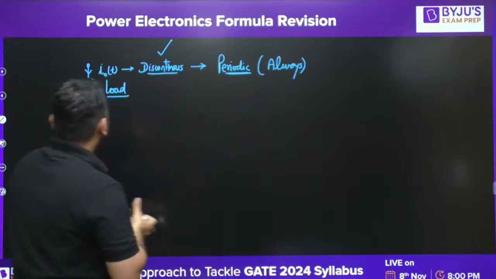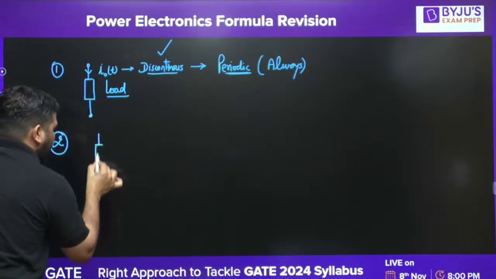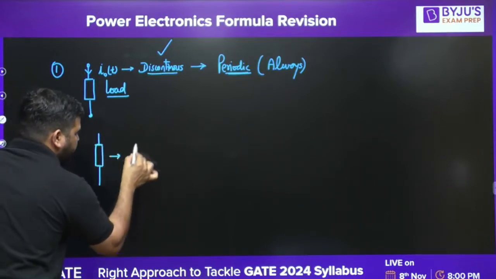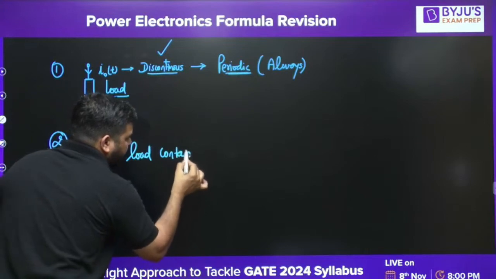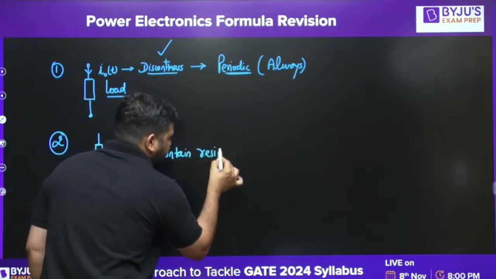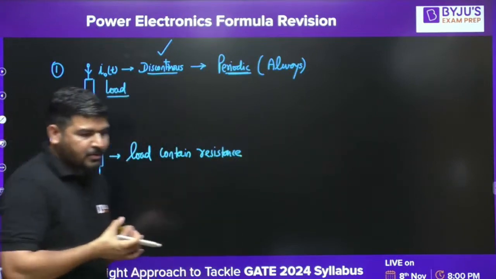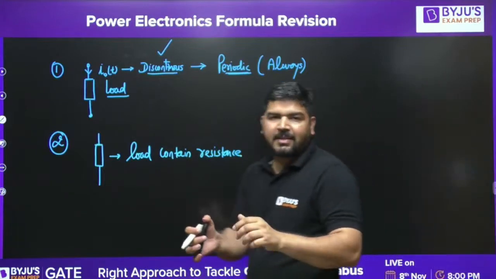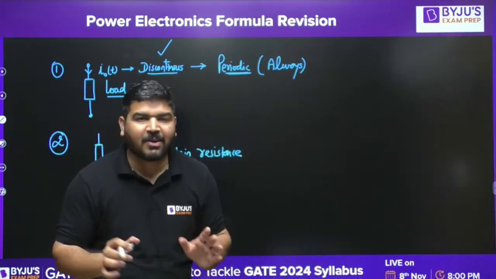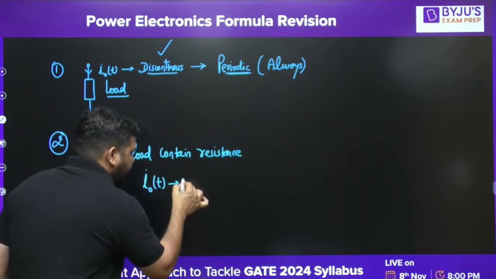Okay. The next point is, if the load has resistance, then the current will be periodic, whether it is continuous or discontinuous.